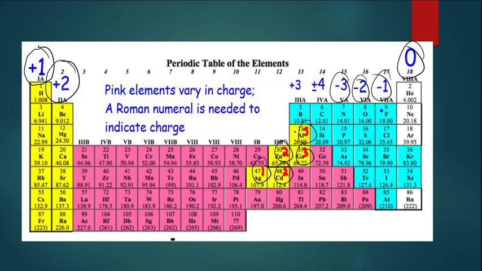You might want to put a little plus. Ms. Whitaker did not on these. The ones in red are +1s and +2s.